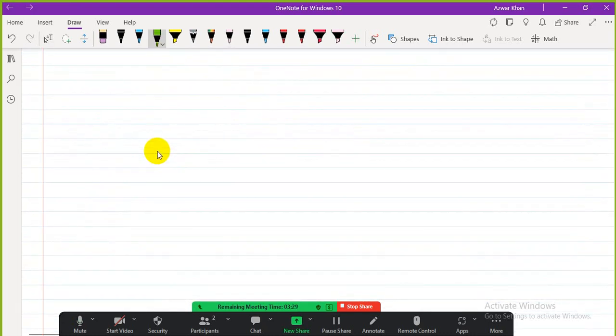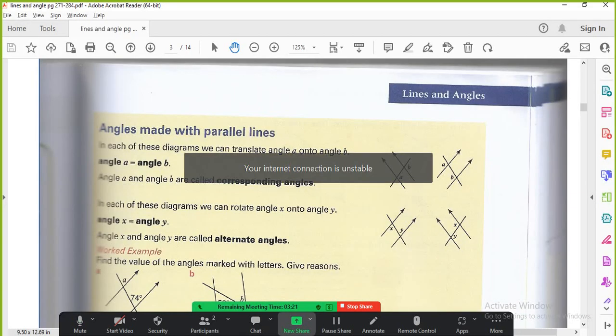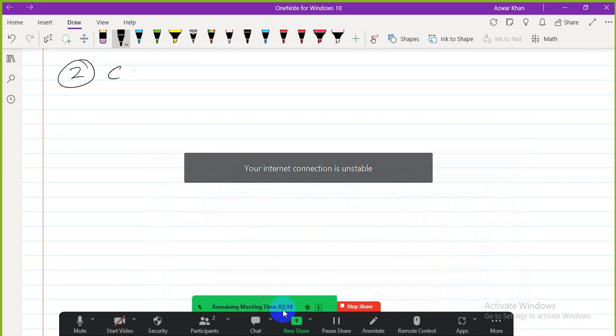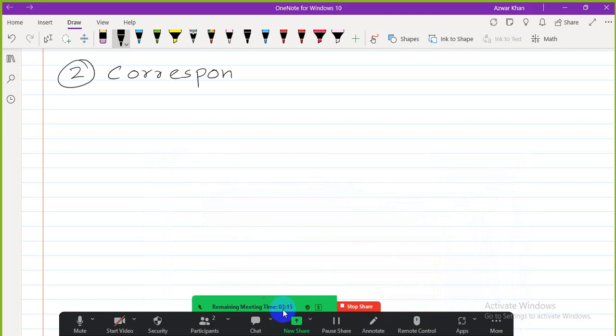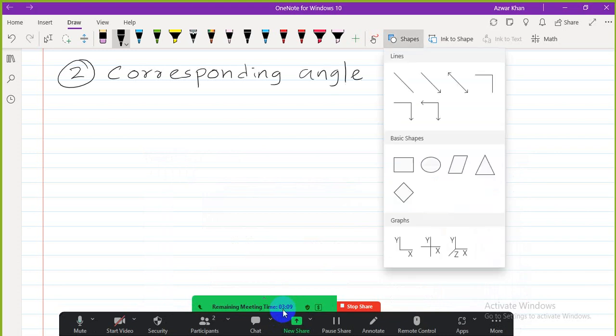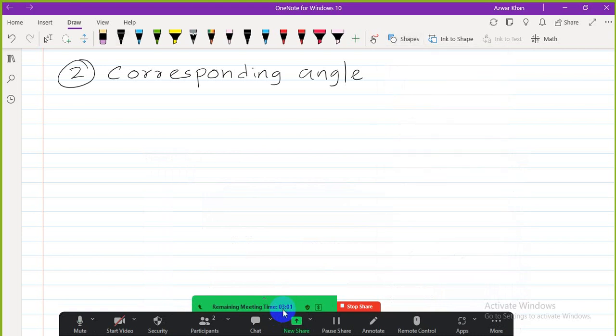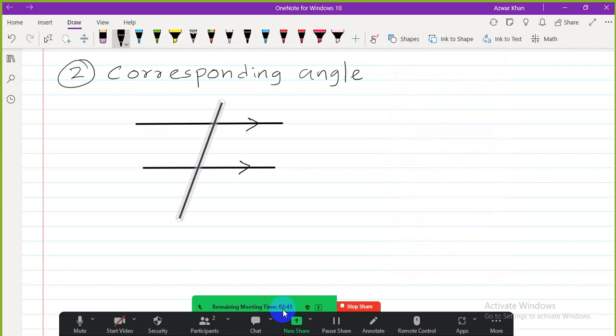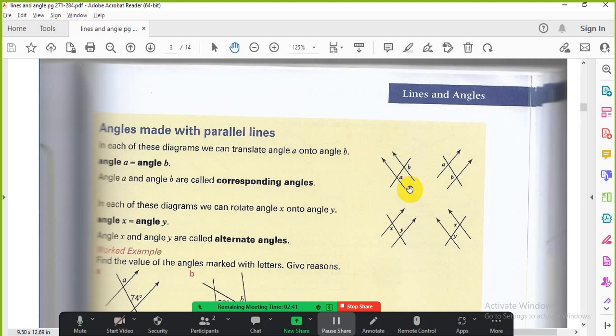Right, number 2. Corresponding angle. So corresponding angle means we can always refer the letter F. See this here also, you can see very clearly, isn't it?